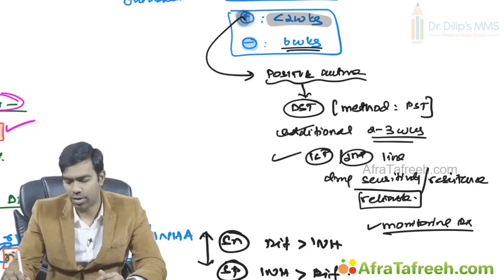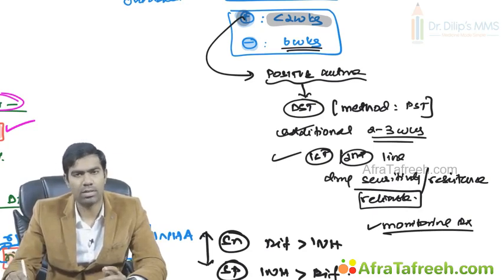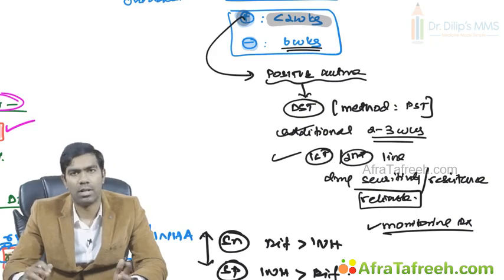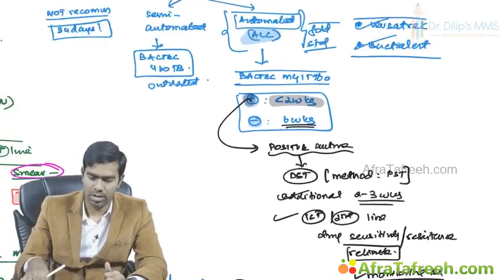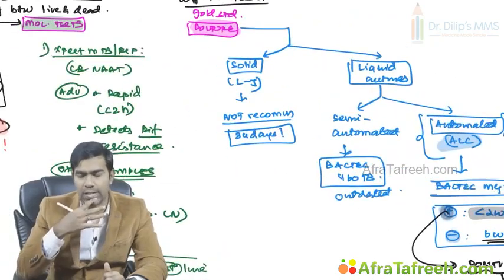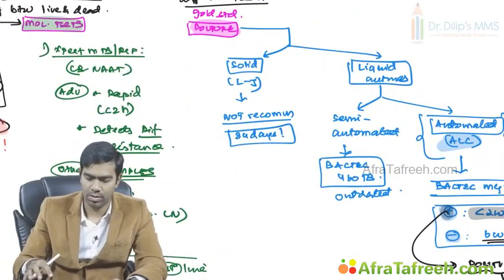Your sputum smear is a little bit unreliable for monitoring treatment. At the same time, your GeneXpert is also a little bit unreliable. Your molecular tests are unreliable because they cannot differentiate between living and dead bacteria, but culture can be used for monitoring treatment response. So these are some of the aspects of the culture that you have to note.